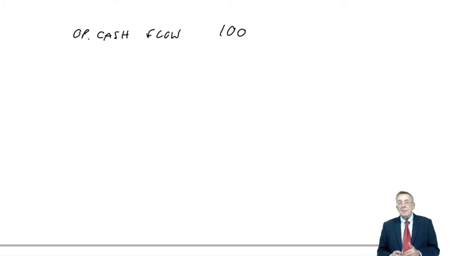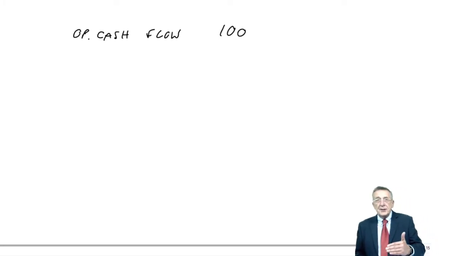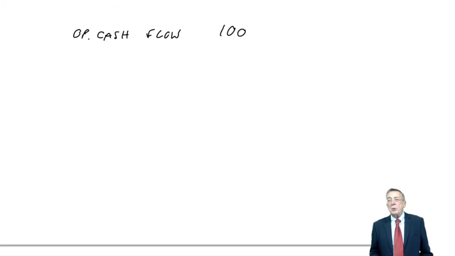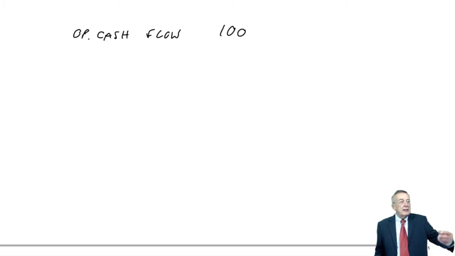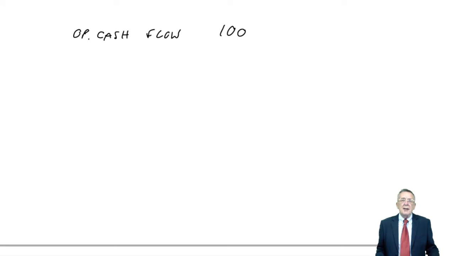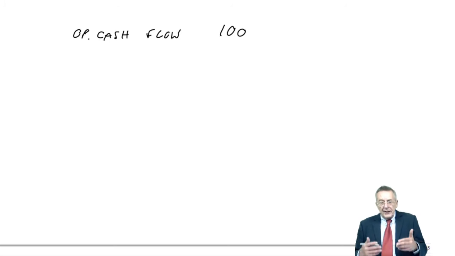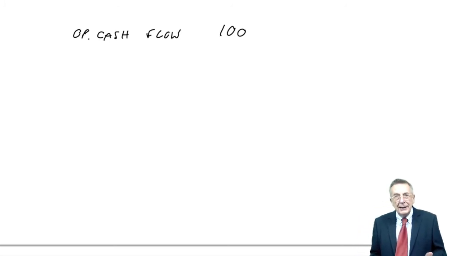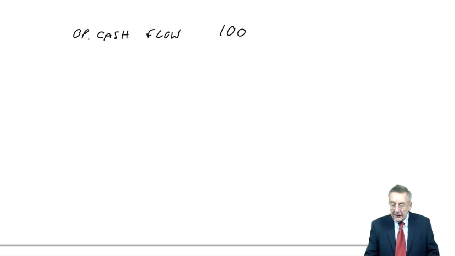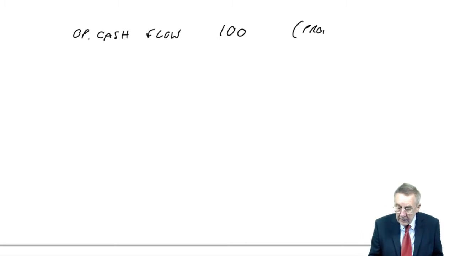Operating cash flow 100. Now remember, the cash flow is the profits in cash terms. And although I know there are lots of reasons why the cash profit will be different from the accounting profit, the only one we really think of is depreciation. That the accounting profit would have charged depreciation. The cash profit, that effectively is the profit before depreciation.